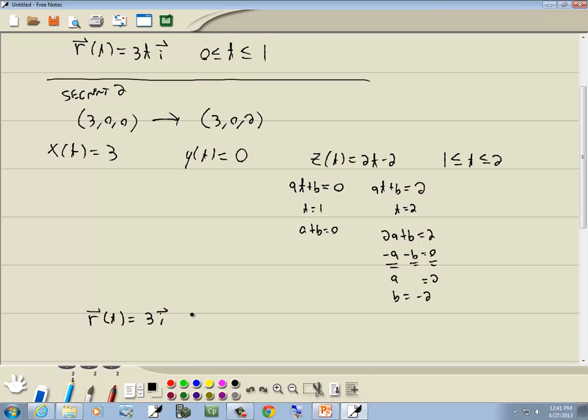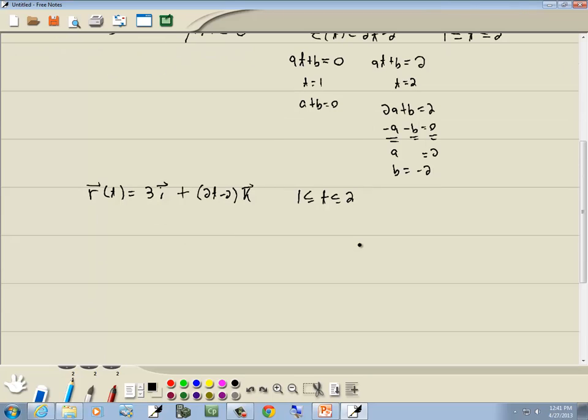So that's 3i plus 2t minus 2k. The y is 0, so we don't have to put it. And this goes from 1 to 2. So let me write that down. Equals 3i plus 2t minus 2k from 1 to 2.